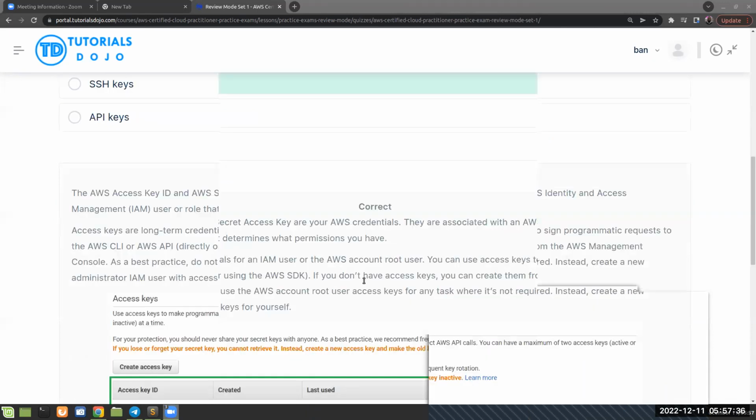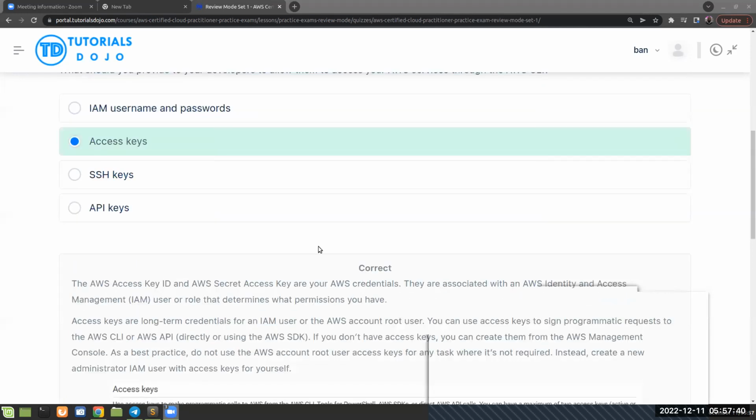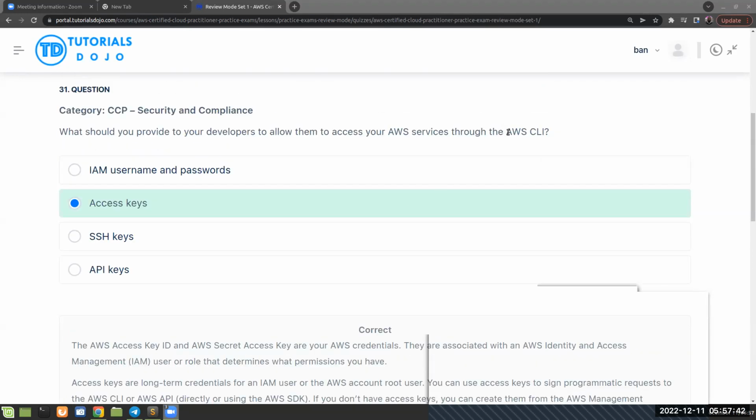So always remember the diagram, the different methods to access AWS. You have AWS CLI, you have AWS SDK, Software Development Kit, and you have AWS Management Console. For the Management Console, you always need the IAM username and password.